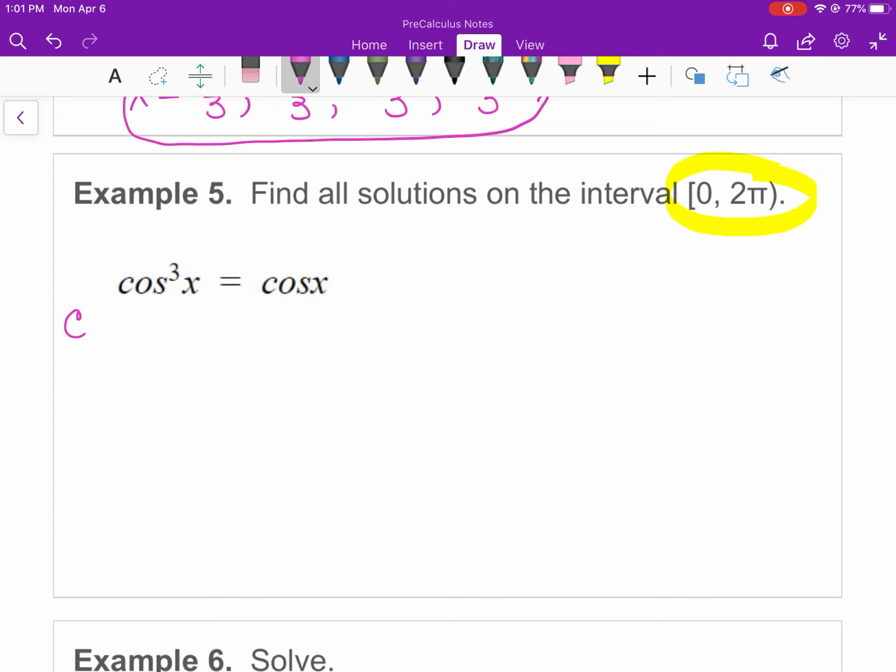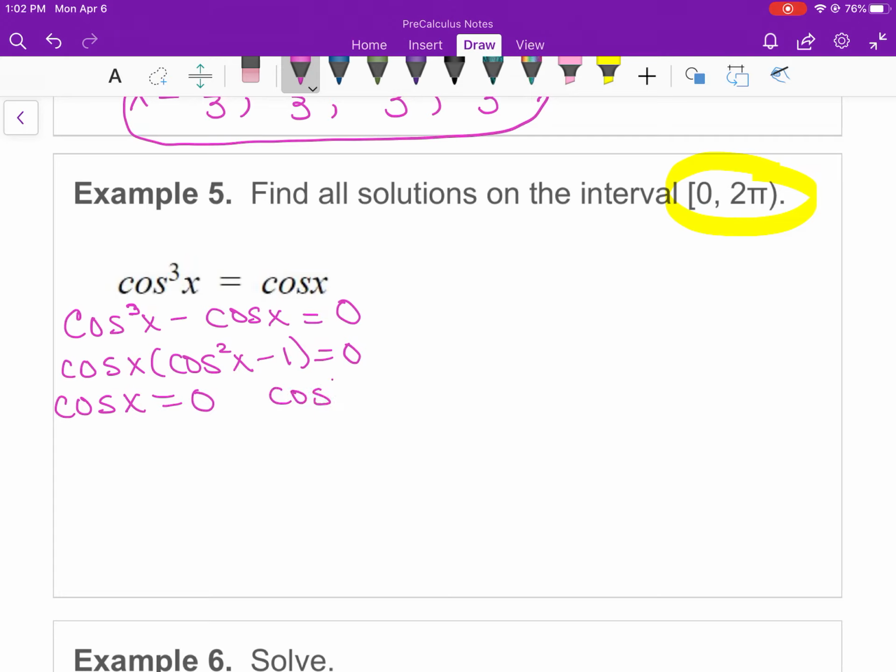What you want to do in this problem is subtract the cosine over and set it equal to 0. So I want to factor cosine x out, just like that. And then I'm going to set my factors equal to 0. Now, I can do one of 2 things from this point.